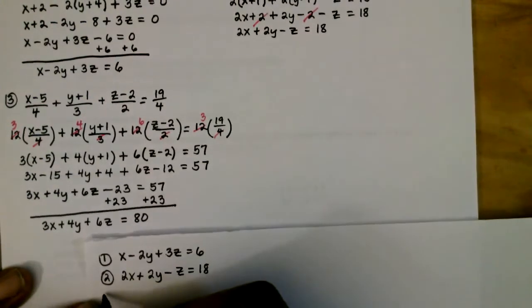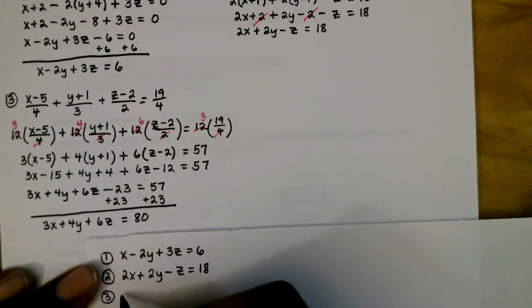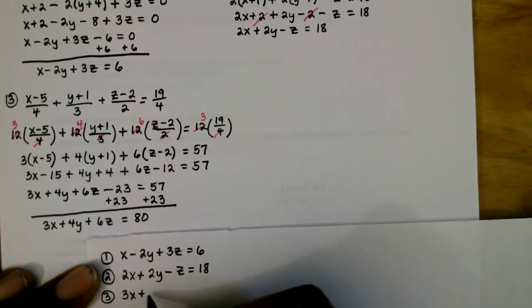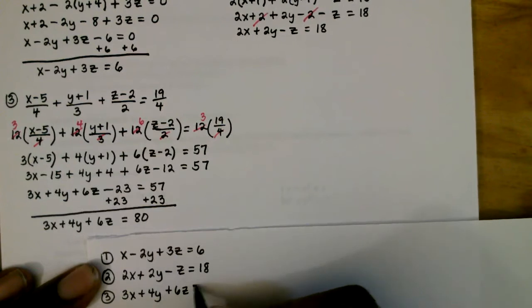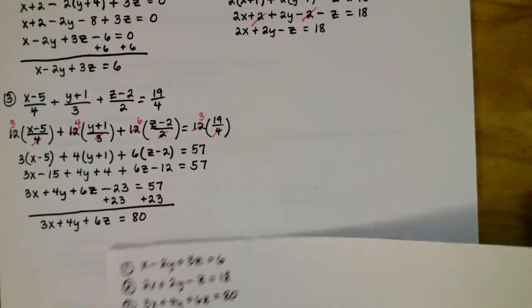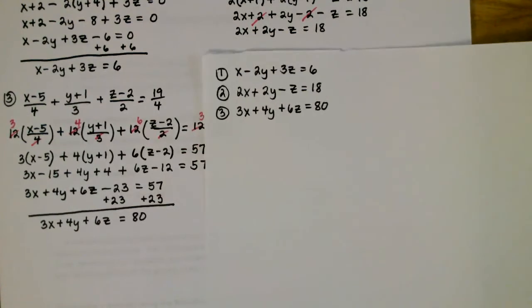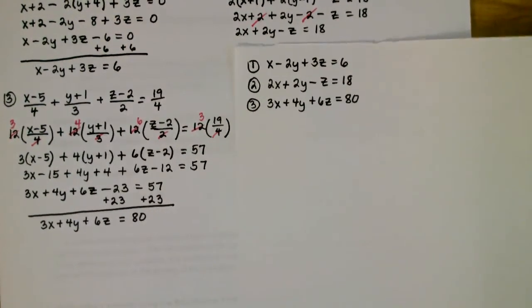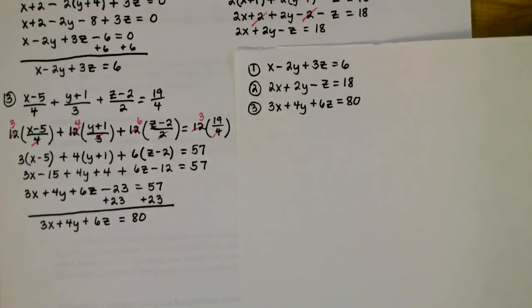And then the third equation, the new equation 3, is 3x plus 4y plus 6z is equal to 80. These are my three new equations here. And if you need to, feel free to pause this video so you can get caught up with what I've written so far.